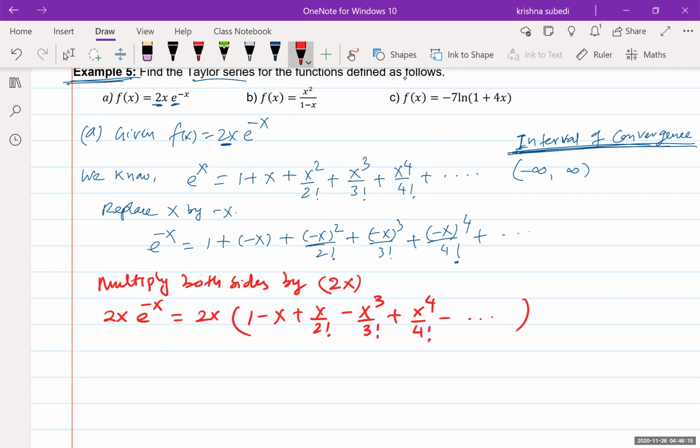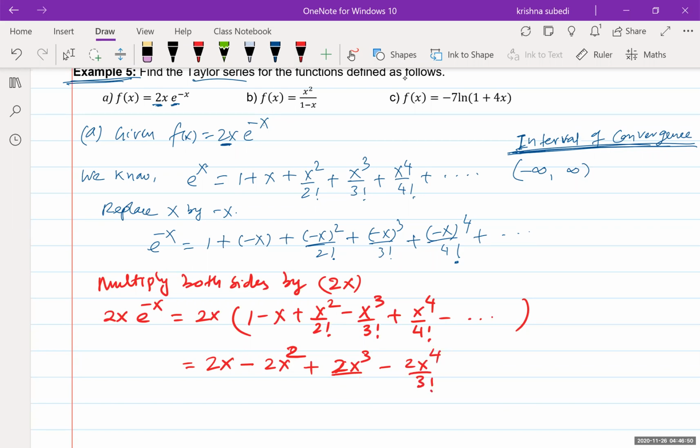Okay, so in other words, 2x times e to the negative x can be written in that form, in terms of a polynomial. If you think this looks a little ugly, then you can multiply it, no problem. So that's going to give you 2x minus 2x squared plus 2x cubed over factorial 2 minus 2x to the power 4 over factorial 3.